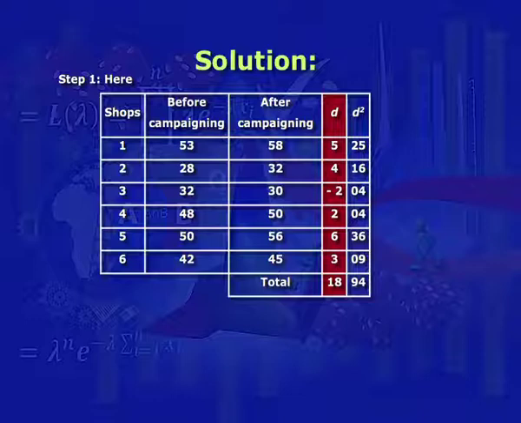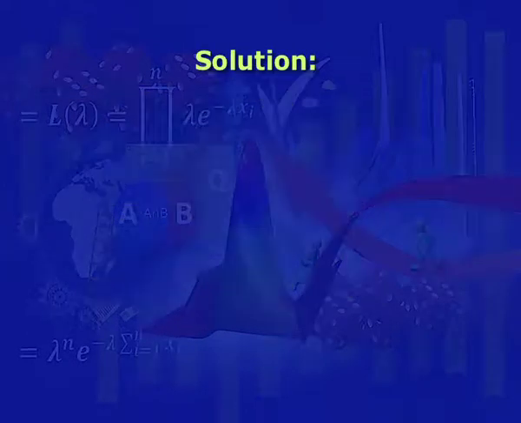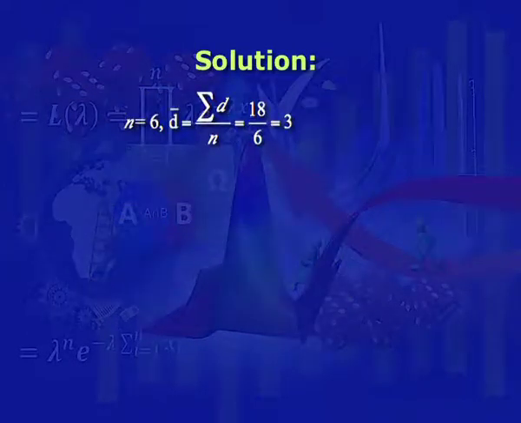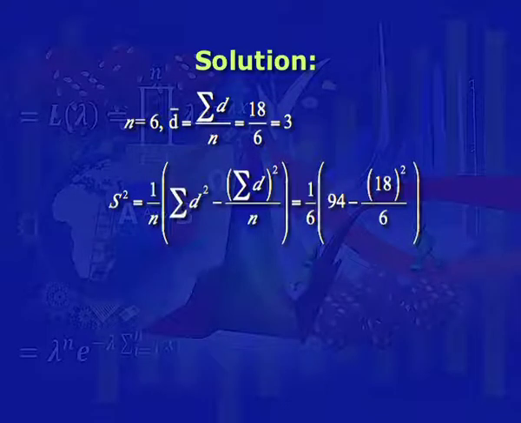Similarly, we can calculate the column of difference D, and in the last column we consider the square of the difference, that means D square. So, square of 5 is 25, square of 4 is 16, and so on. Now, from the given data and above table, we find sample size n equal to 6, average value of the difference d bar, which is summation d divided by n, equal to 18 divided by 6, which is equal to 3. s square equal to 1 upon n summation d square minus square of summation d divided by n.